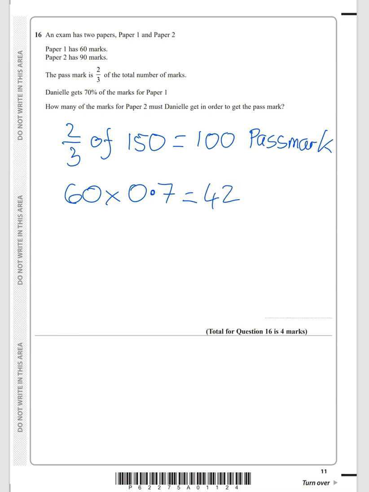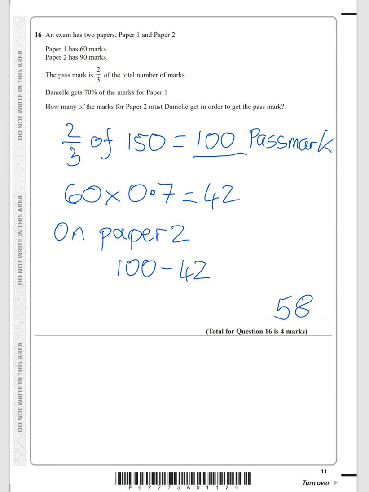So on paper 2, we need to do 100 minus 42, which is 58. So she needs 58 marks on paper 2 to make it up to 100. Okay. Sorry if you can hear the dog barking in the background. Right. Okay.